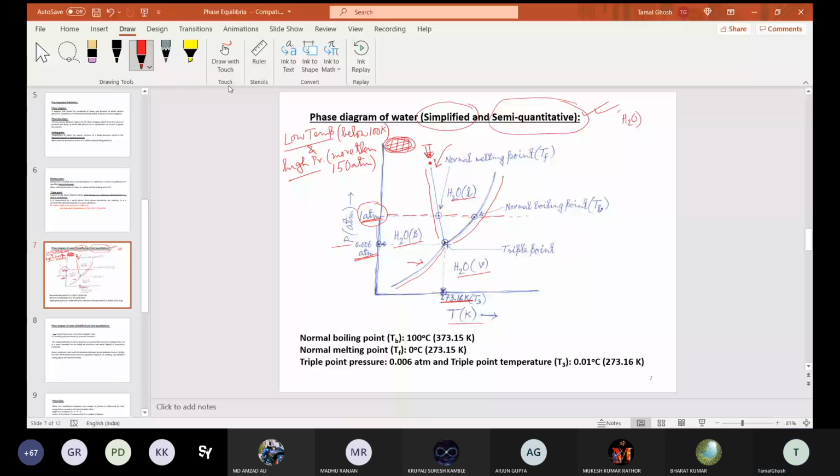Here again we have a misconception. Many students have a misconception that state of matter and phase of a substance are the same thing. Remember, these two are different. Although in the case of water we use the names solid, liquid, vapor, in reality these solid, liquid, vapor are the three states of matter.